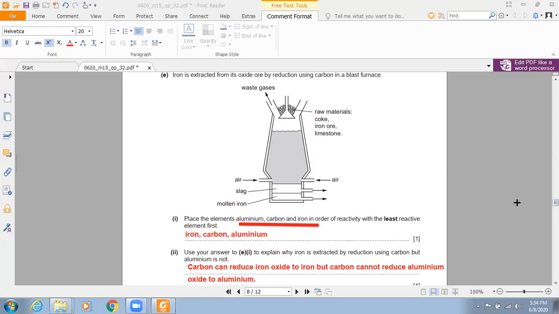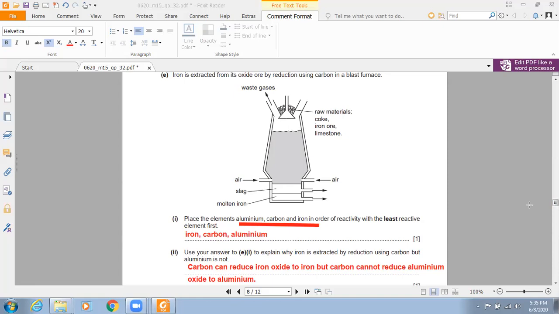Now you know that metals which are below carbon in the reactivity series, their compounds will react with carbon. That means carbon will react with the compounds of the elements which are less reactive than carbon. So carbon can definitely react with oxides of iron, but carbon cannot react with oxides of aluminum. Carbon cannot reduce aluminum oxide, whereas carbon can reduce iron oxide.